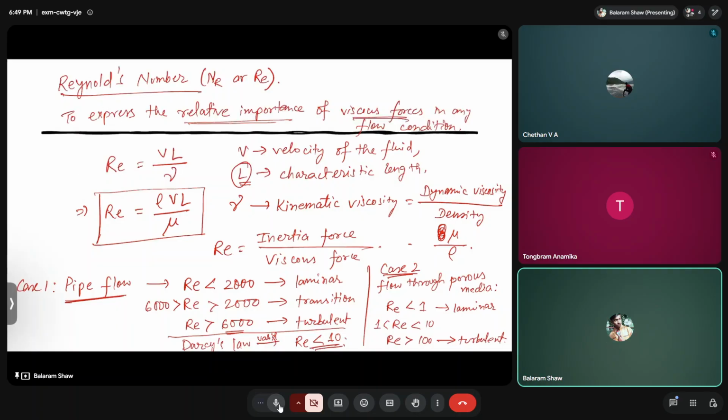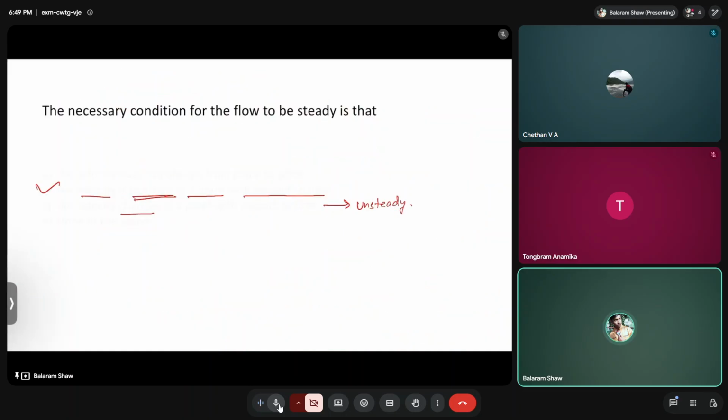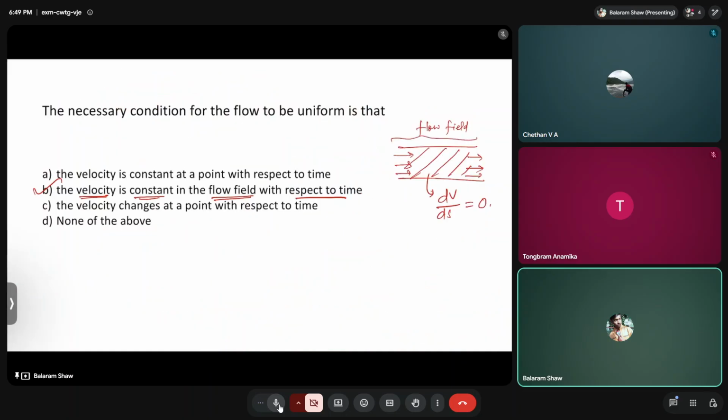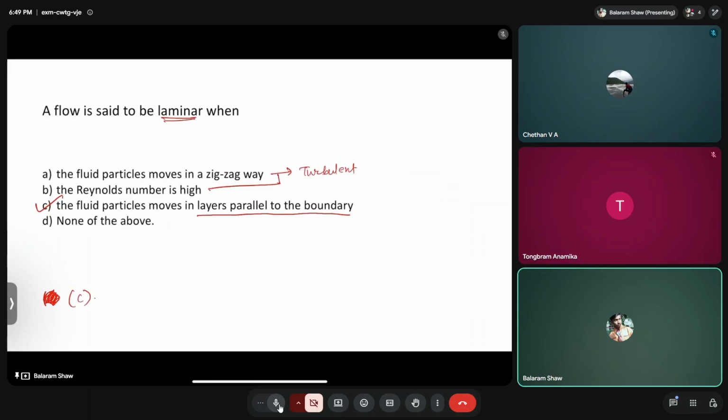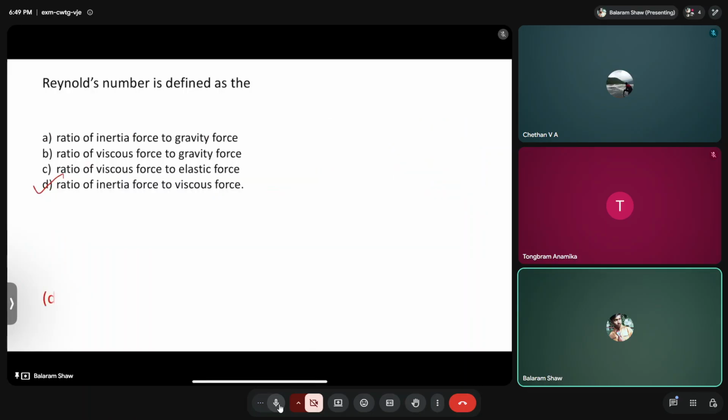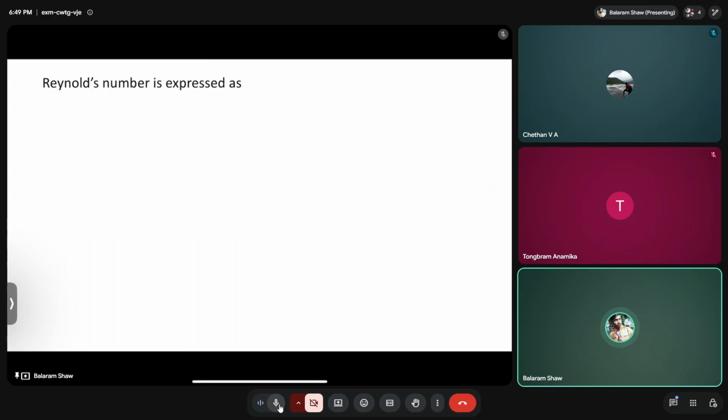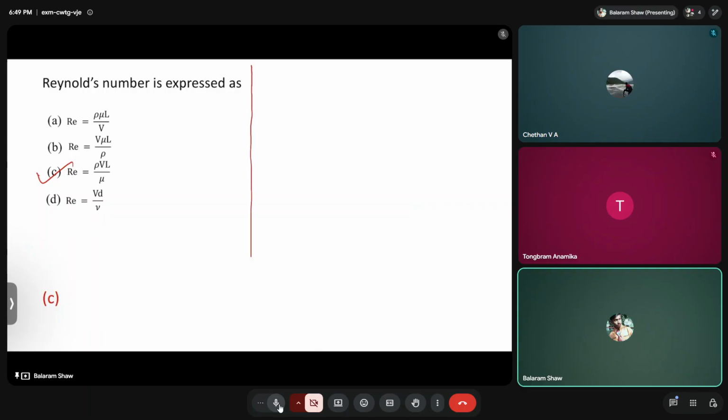So with this, we move to the question. What is the question? Can you now answer this? The correct answer would be C, right? Okay, so we'll move to the next explanation now.